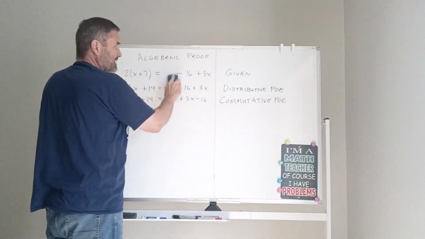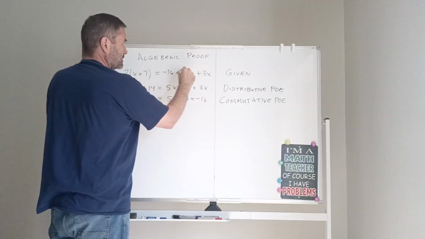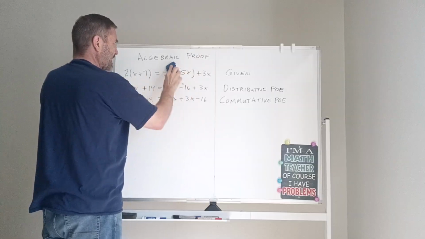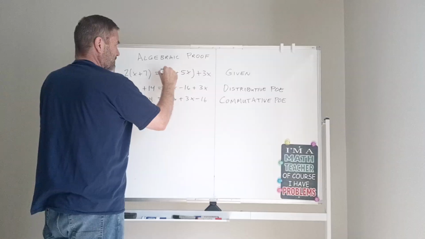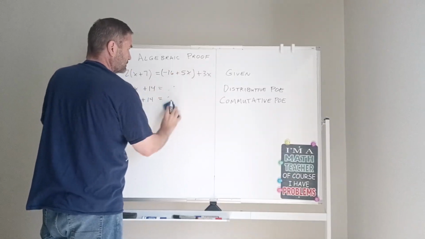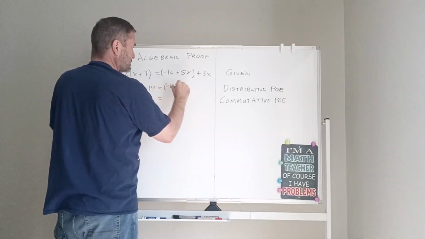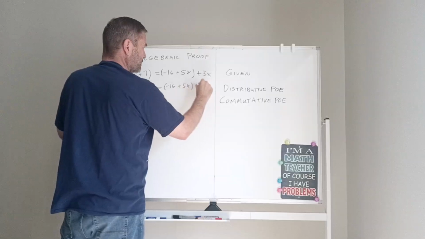Now, if the setup had been different, you would have had this, negative 16 plus 5x, but you've been given that with parentheses, okay? Then what we would have done is we would have changed it to match, and then we would have had this. This would have stayed the same, remember, because we're only doing one step at a time.